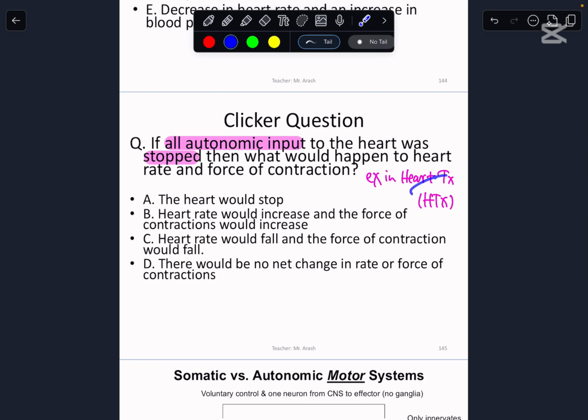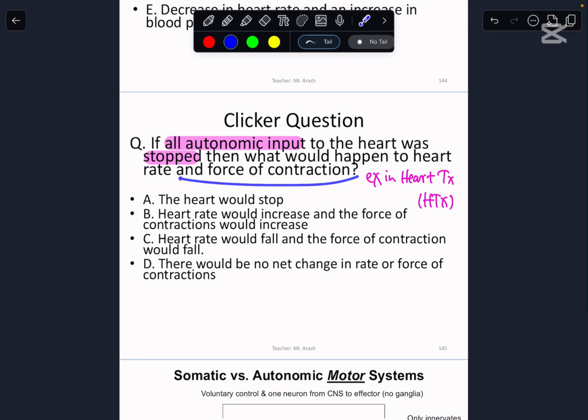It means heart transplantation. When you get a new heart from somebody else, obviously you cut or remove the innervations when you dissect the heart out of the donor. And once the recipient gets the heart, the recipient's sympathetic and parasympathetic nervous system cannot innervate the new heart.